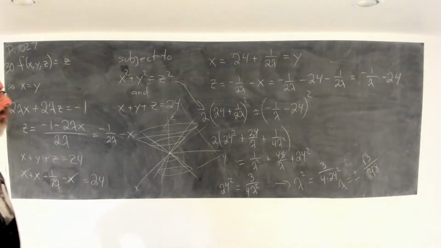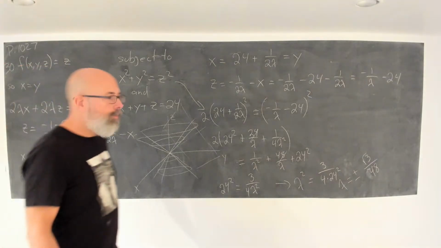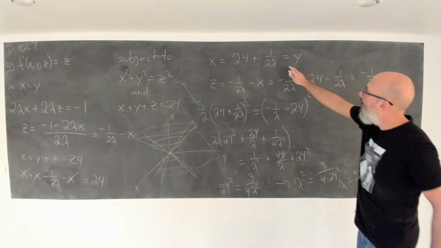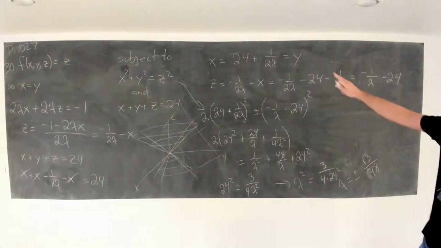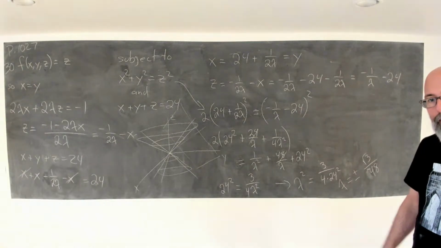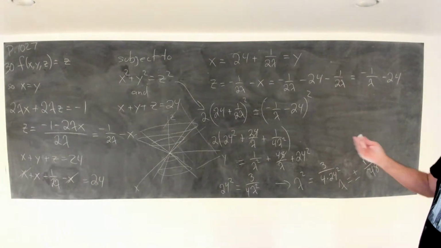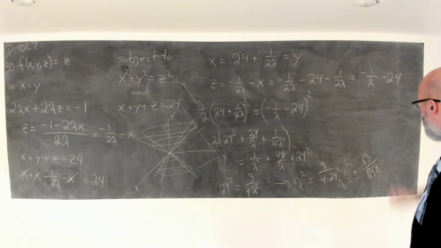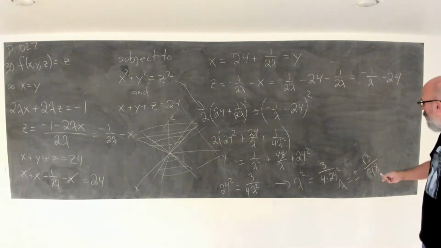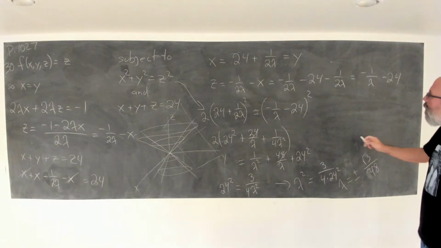So finally, you can solve for x, y, and z, getting your values. Now the question is, you're going to get 2 points. So plug lambda in.